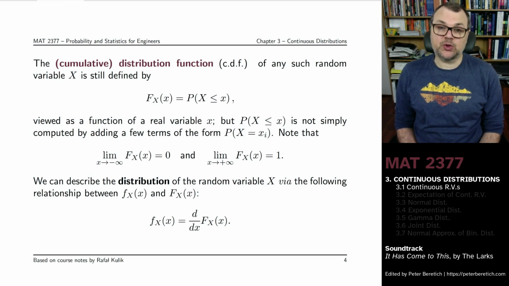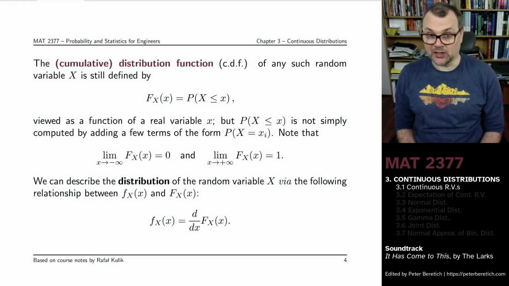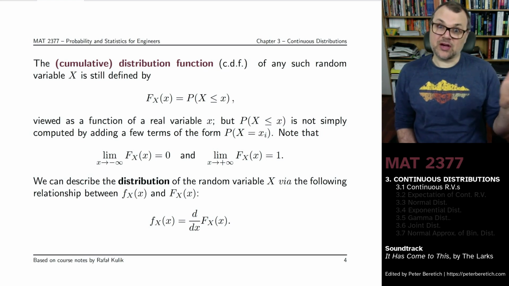And we'll see one of the consequences when we talk about the values that the density function can take. The cumulative distribution function, the CDF, for any variable is still as before the probability that x would be smaller than some threshold of interest to you, little x, except now there's infinitely many outcomes.